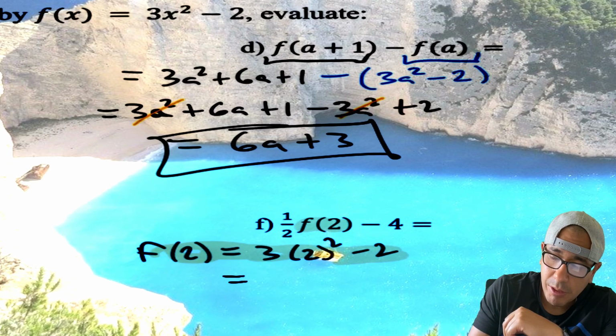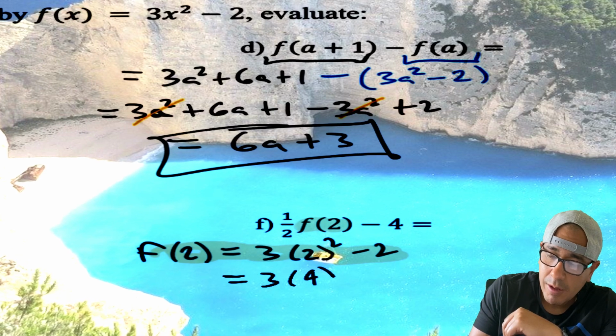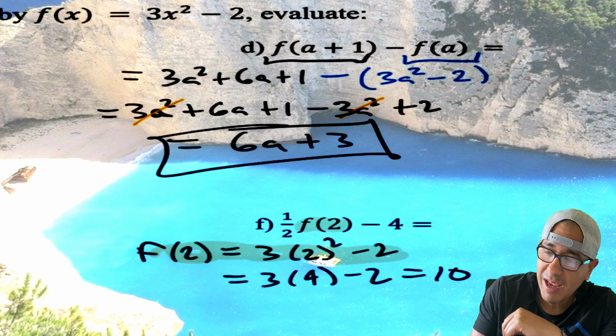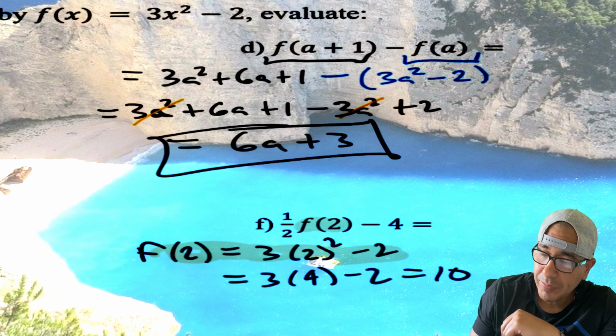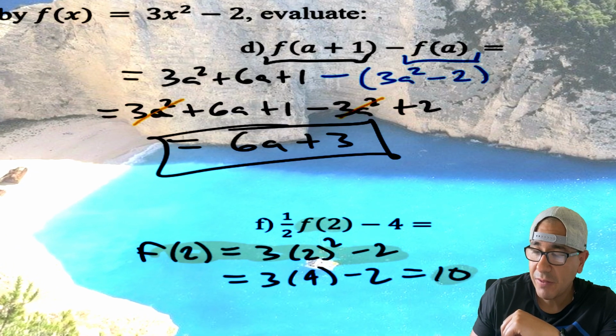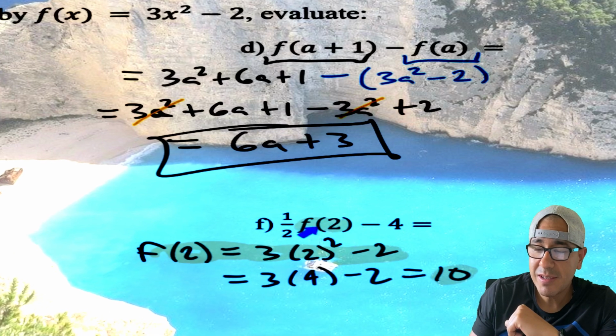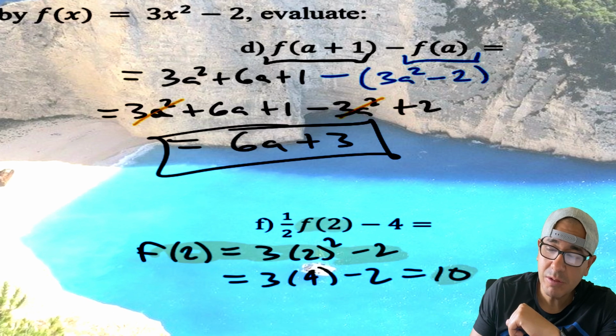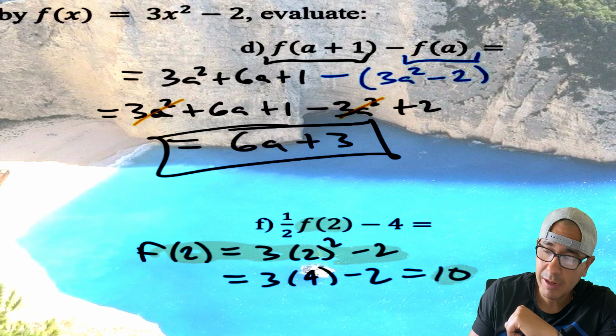So I end up with 3 times 4 minus 2. So I get 12 minus 2, which is 10. So f of 2, wherever I see f of 2 now, notice this takes on the value of 10. So let's just plug in 10 wherever I see f of 2. So let's do that now.